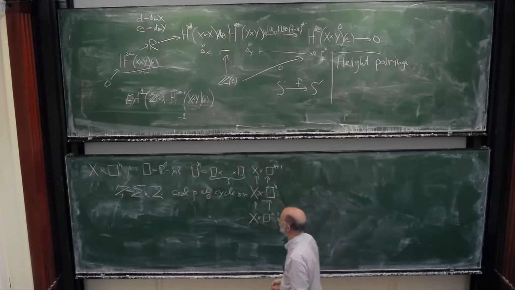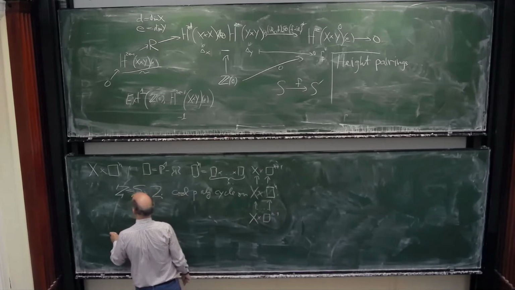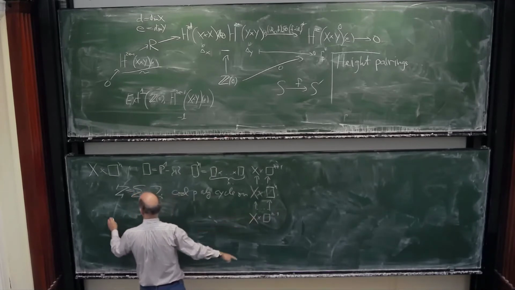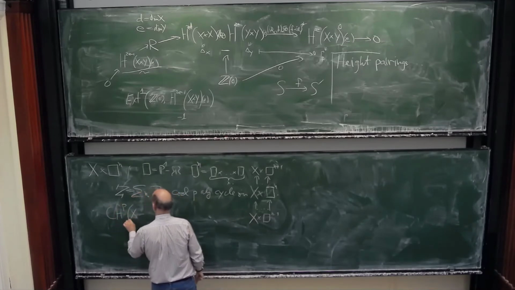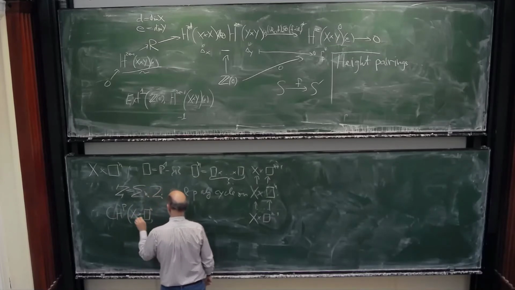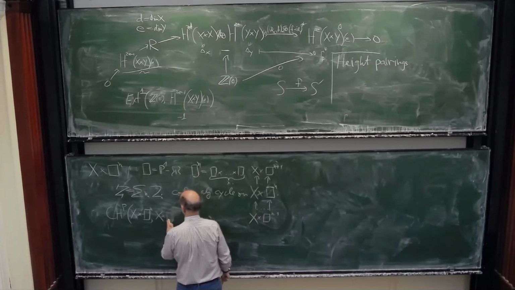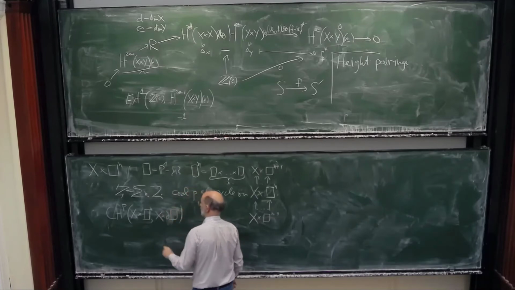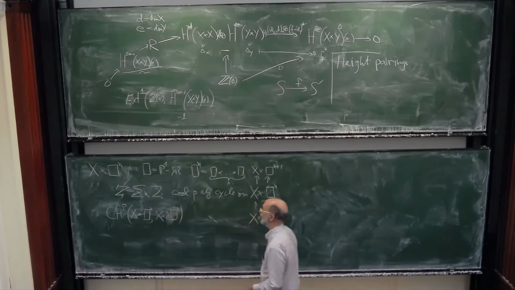And in that way, we can write down, well, I don't want to get too much into it, but we can write down the Chow group of codimension P of X cross box N, but relative to X cross the boundary of box N. So we look at cycles that meet all the faces trivially, something of that sort.